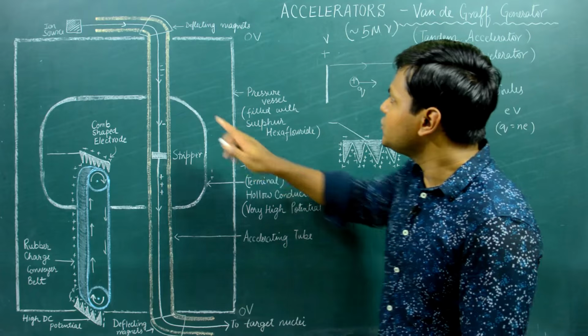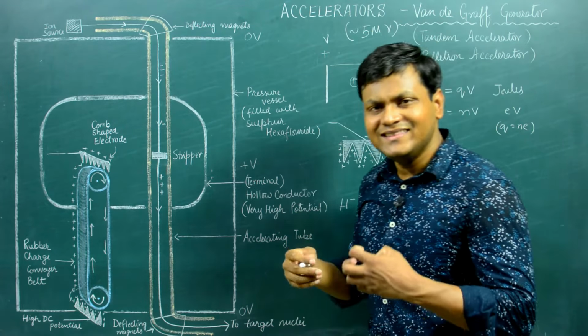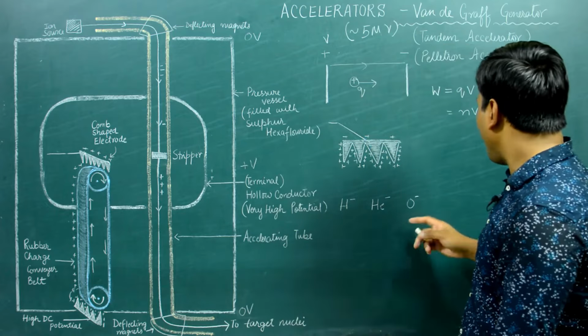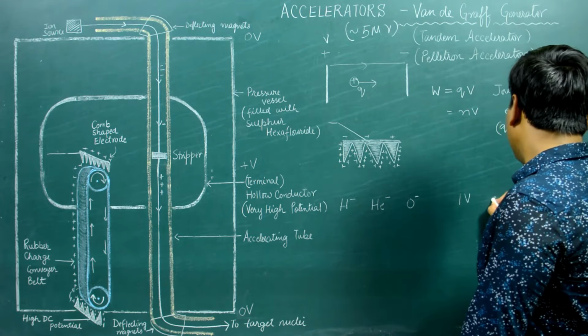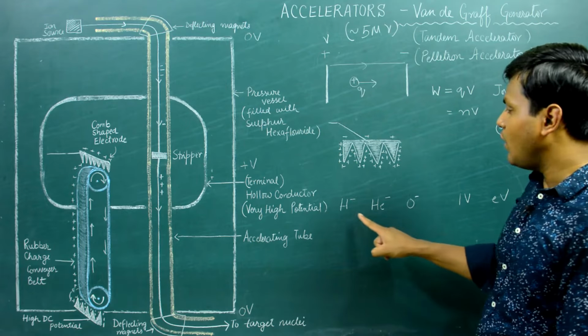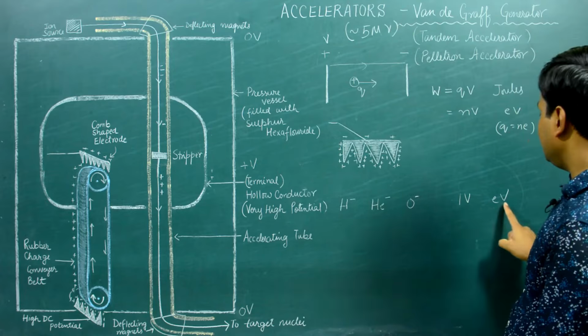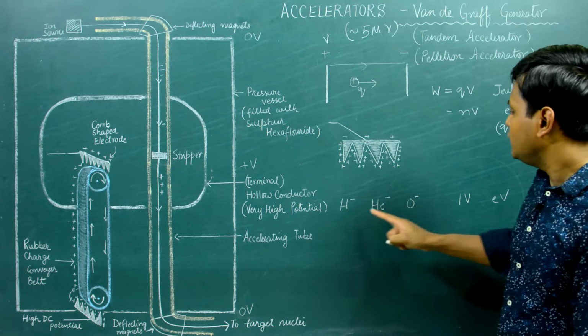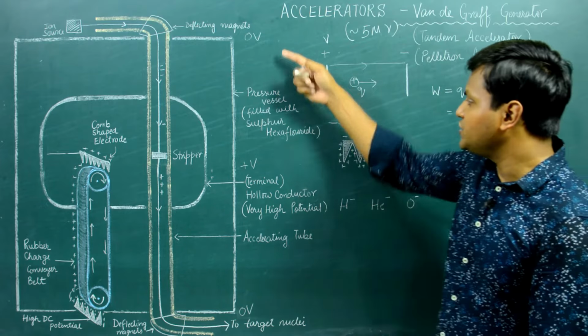Now these negatively charged ions get accelerated from 0 to plus V, and they achieve an energy of the order of 1 V electron volts, because the charge is 1 in these cases. V is the potential difference, and this is in terms of energy in electron volts. So they will experience an acceleration of 1 times the potential difference.